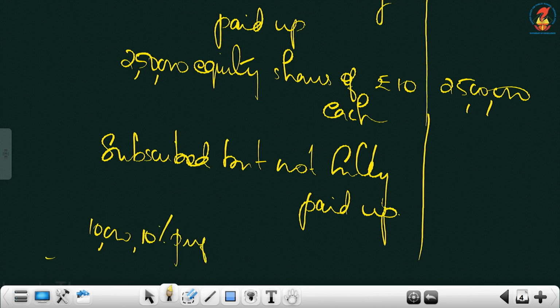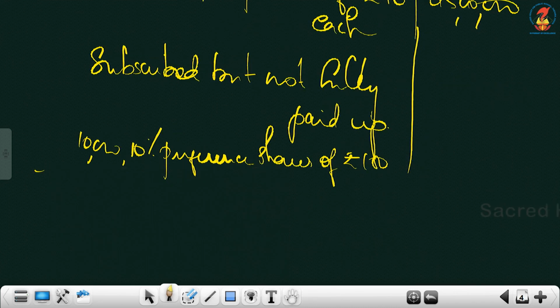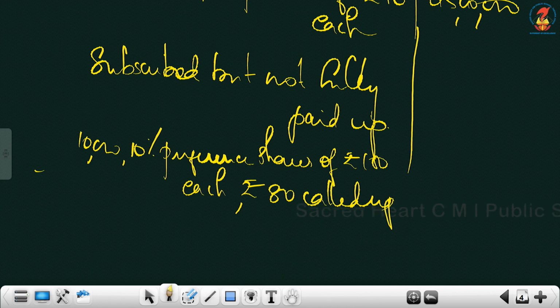10% preference shares of rupees 100 each, the face value is actually 100, but the company called only 80, isn't it? Rupees 80 called up, yes.